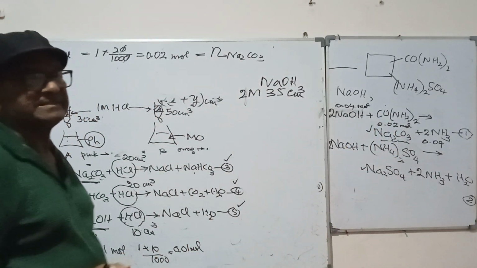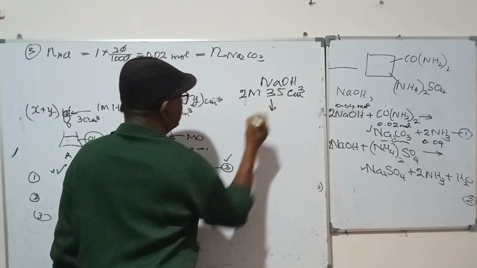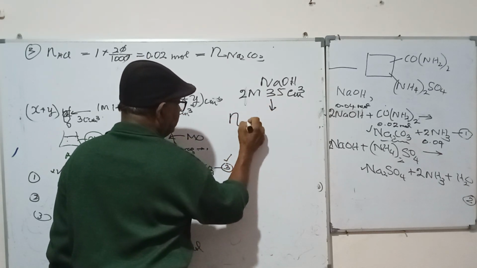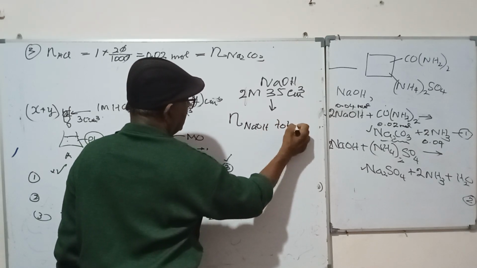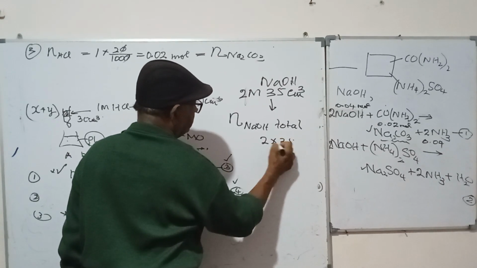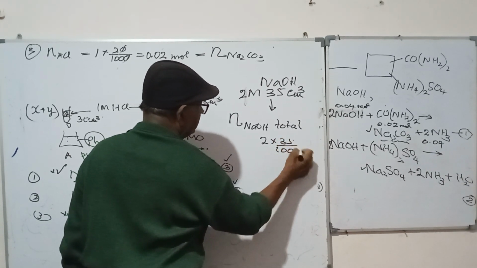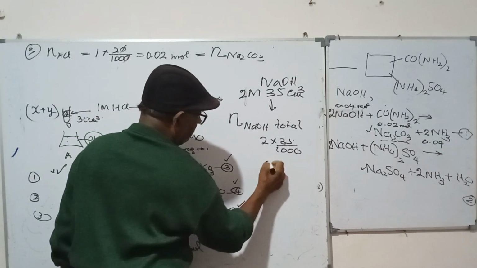Then we can find the total amount of NaOH added: 2 into 35 divided by 1000. Number of moles, 0.07.